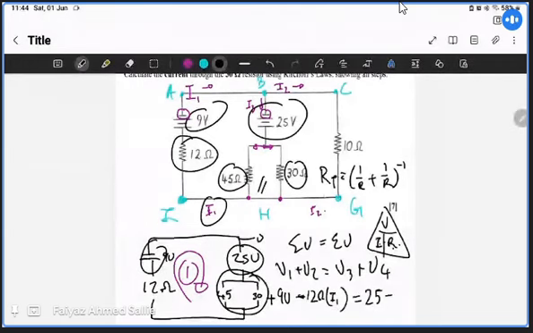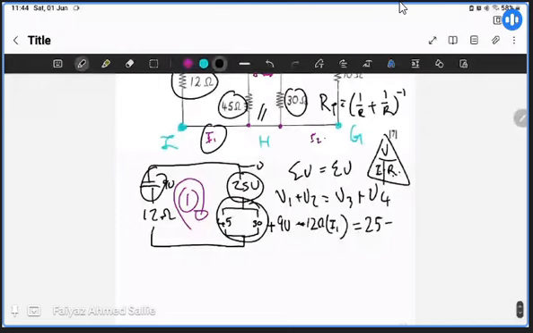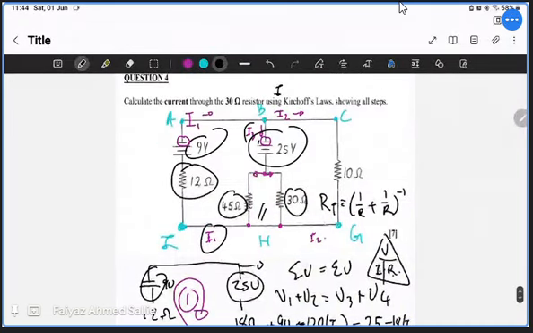So the resistor in that circuit is going to be 18. So let's remove this and let's put an 18 ohms. So we have 18 minus the current. Our current is I3.